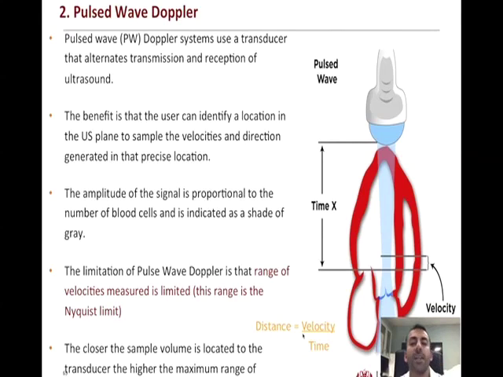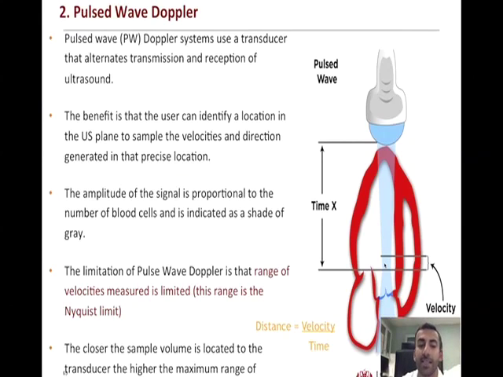But based on that principle, when you use pulse wave Doppler, you limit the range of velocities that you can assess. And that range of velocities, or that number of different velocities that you can assess, gets less and less as you get further and further from the ultrasound probe.